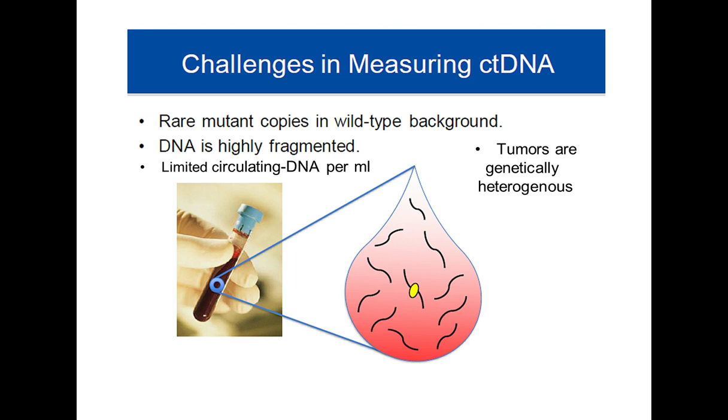Just have a few precious nanograms to work with. And as we said earlier, tumors are also genetically heterogeneous, so different clones can shed different amounts of circulating DNA characterizing the molecular profile of the clone, so that compounds the difficulties.